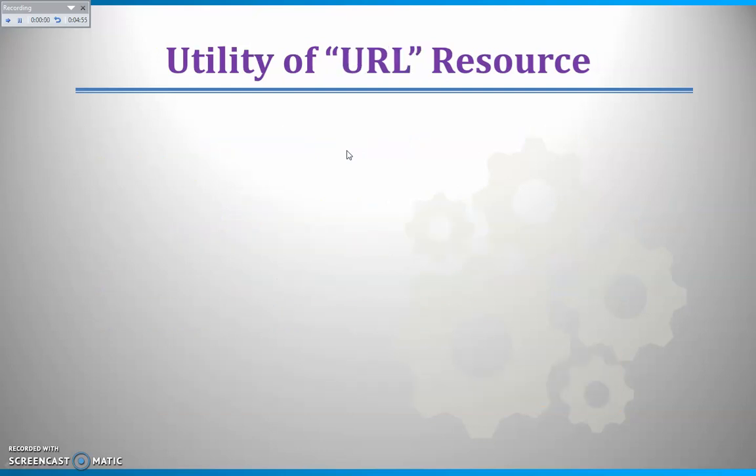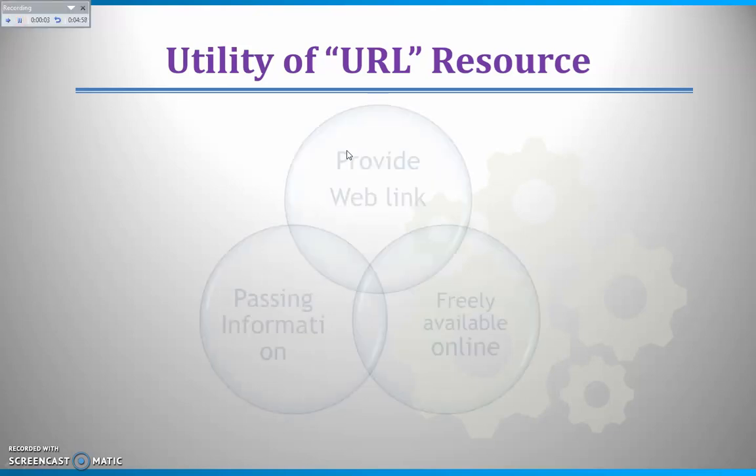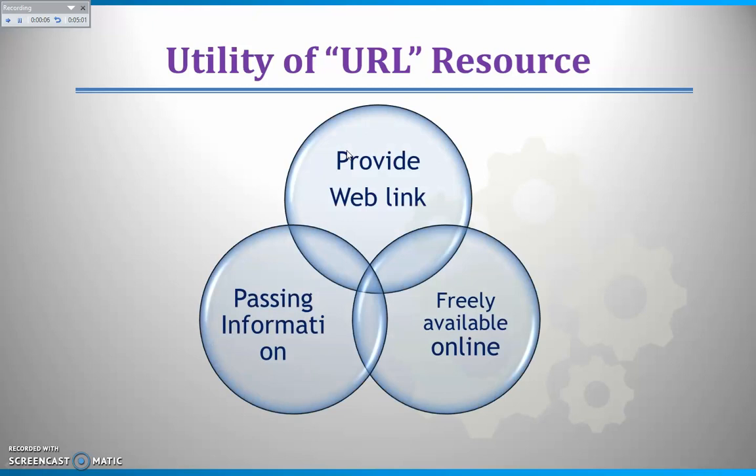Now next, see the utility of the URL resource. The URL resource is required for providing a web link to the students, from any website, any YouTube video, or any channel that has study material related to your subject.